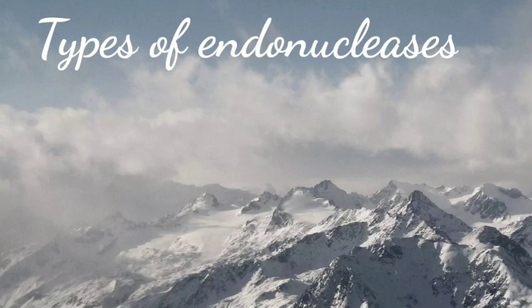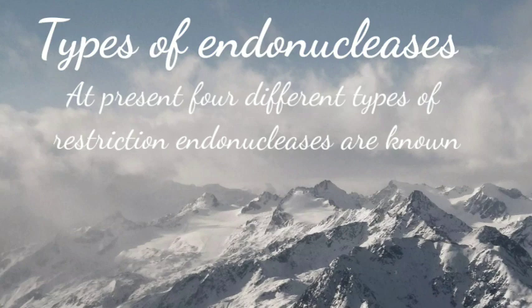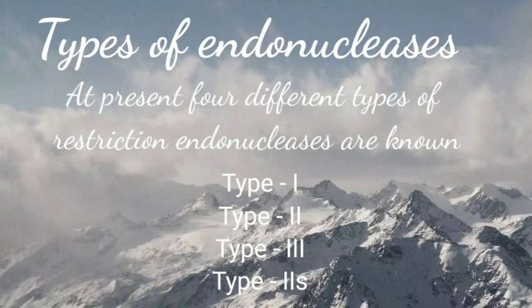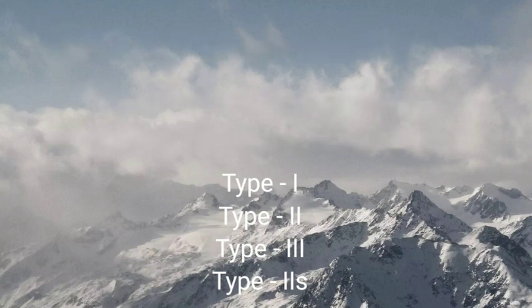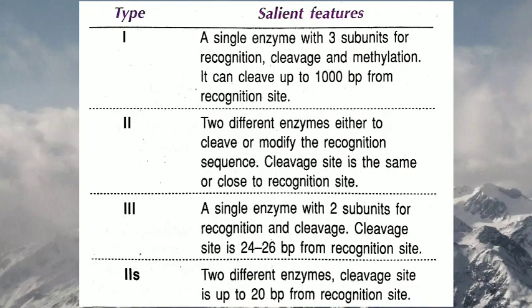Types of restriction endonucleases. At present, 4 different types of restriction endonucleases are identified: type 1, type 2, type 3, and type 2S. Type 1 is a single enzyme with 3 subunits for recognition, cleavage, and methylation. It can cleave up to 1000 base pairs from the recognition site.